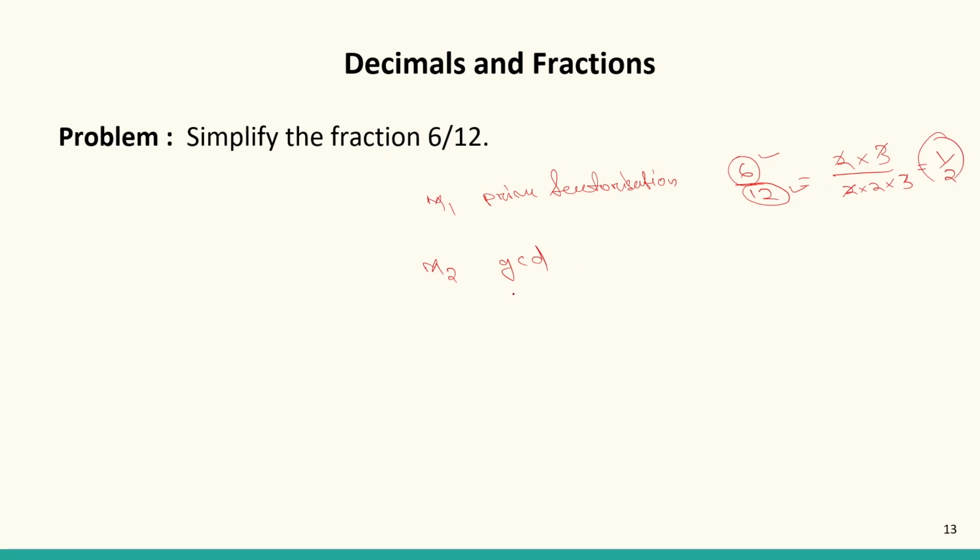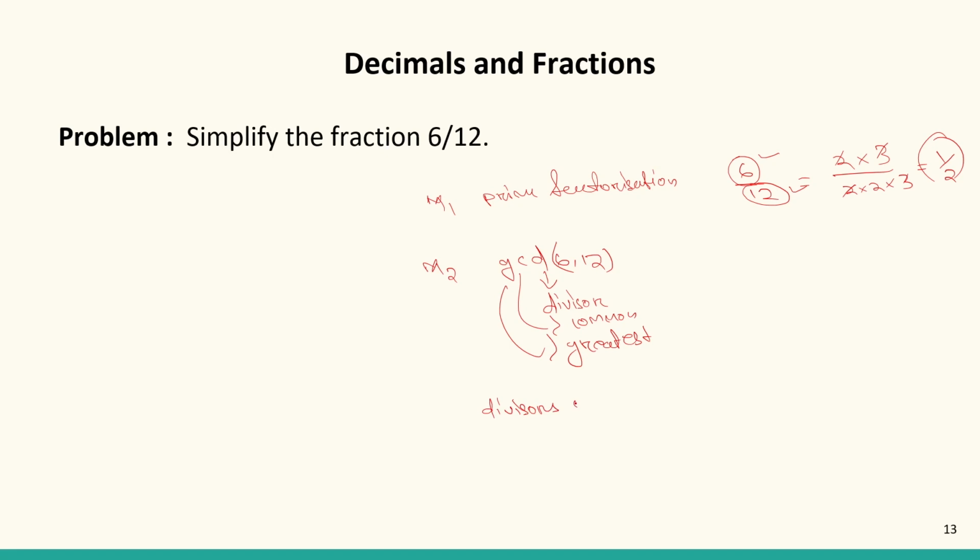And let's see the method of GCD. Let's find the GCD of 6 and 12. How can we find it? GCD stands for greatest common divisor. To find it, we need to see the divisors of 6 and 12 individually.